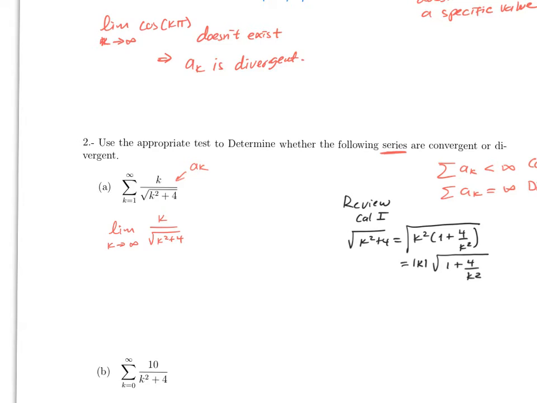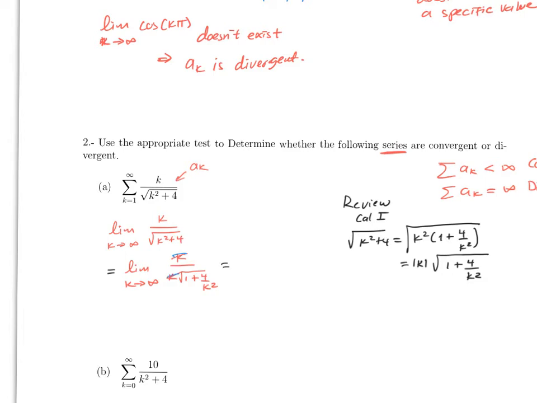Why is that important? Because then here we have the limit as k goes to infinity of k over |k| times the square root of 1 plus 4 over k squared. Again, this is a limit from calculus 1. Here we use |k| because this is the absolute value. Since k is going to positive infinity, this just becomes k. Here the k's will cancel.